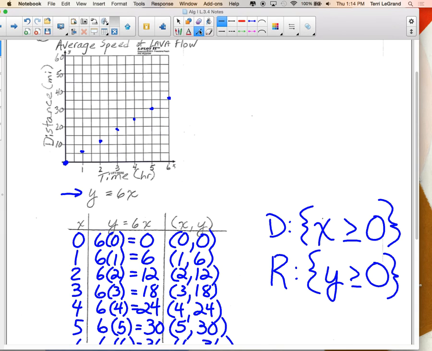What's it going to be? A ray. It starts at 0 and it goes through all of the points, and of course it goes on forever. So we show that the domain, remember, the domain is x is greater than or equal to 0, y is greater than or equal to 0. So we have to make good decisions about what we do with those points on our graph.